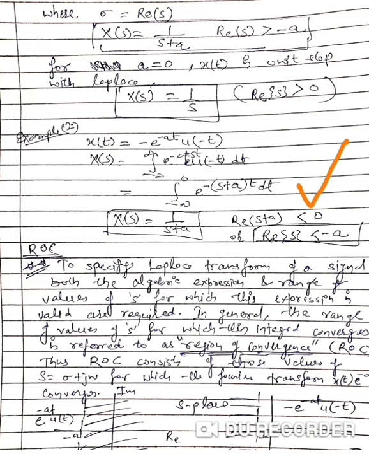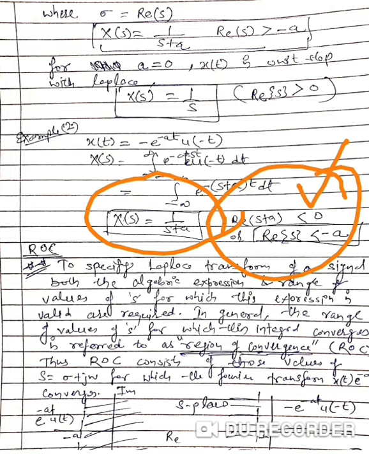So its Laplace transform will come out to be X(s) equal to 1 upon s plus a, which is the same as we have seen in the last example, the Laplace transform of x(t) equal to e raised to power minus at u(t). So both Laplace transforms have come out to be the same, but the difference is here. Here the real part of s is less than minus a. So what is this part? Let us understand now.